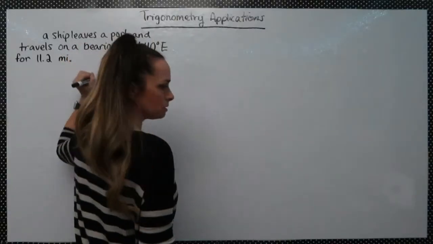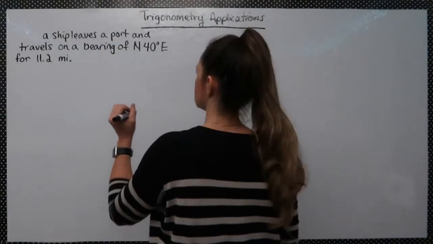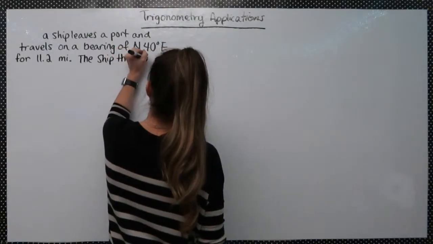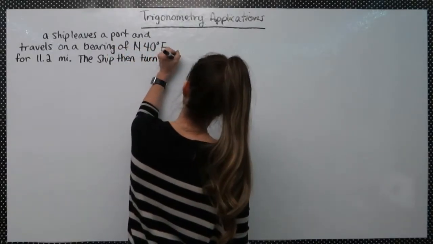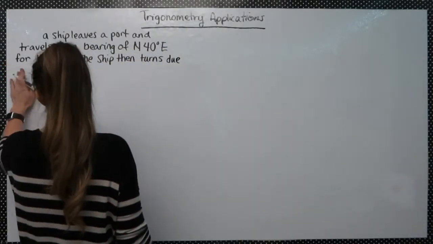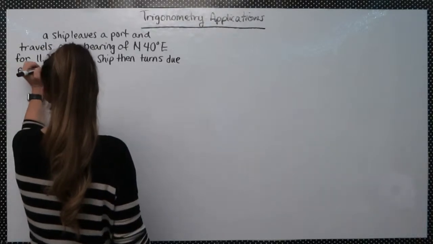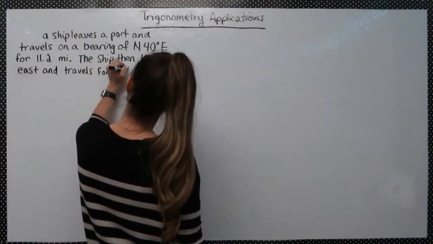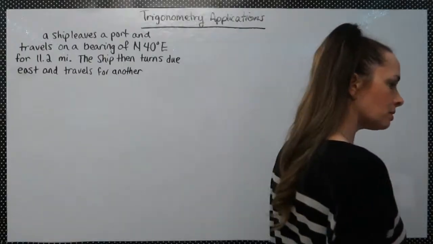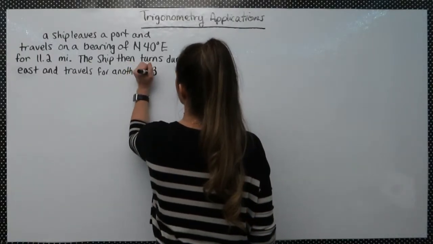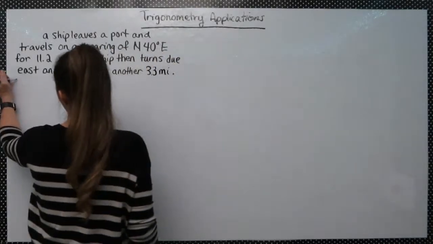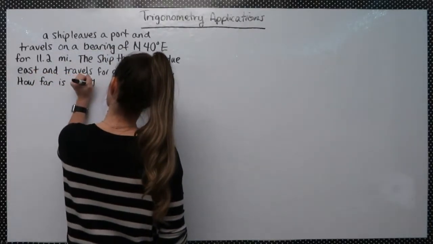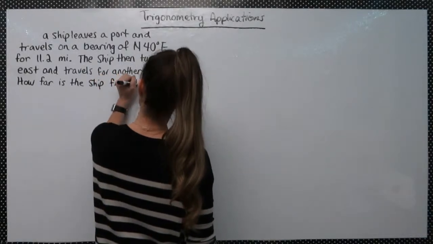And then it says the ship then turns due east and travels for another, I believe it's 3.3 miles. How far is the ship from the port?